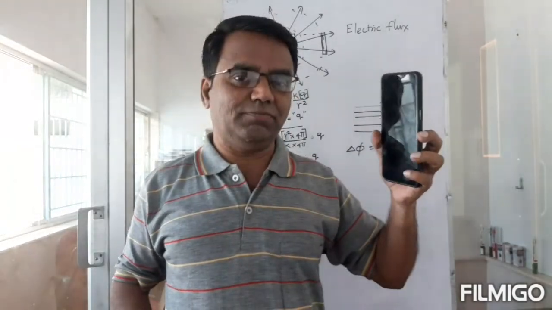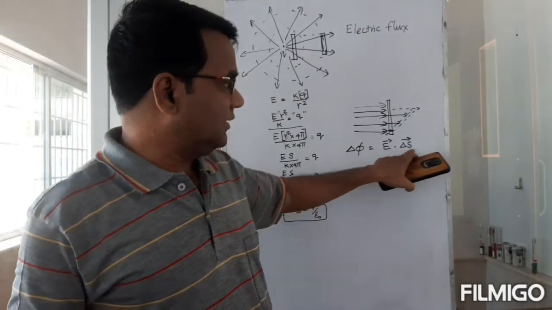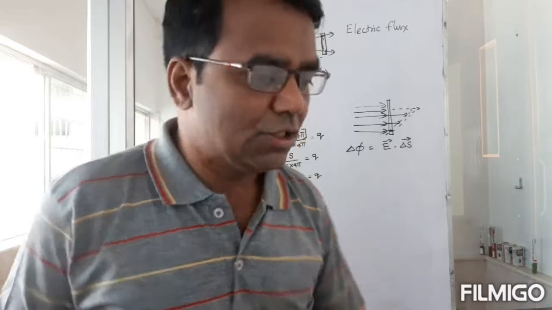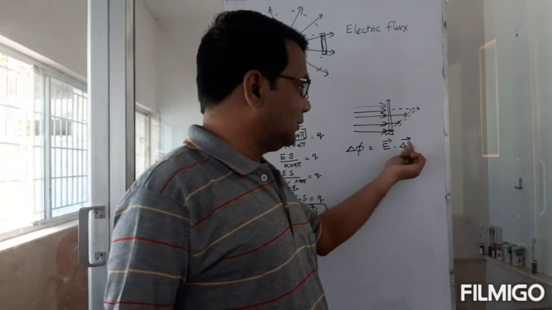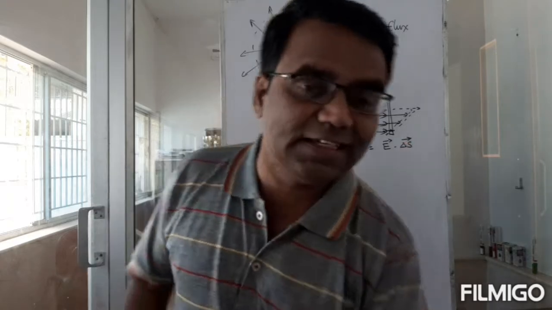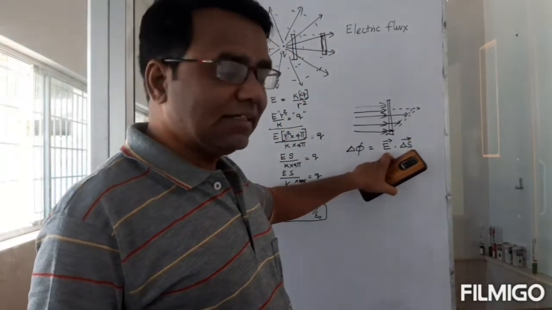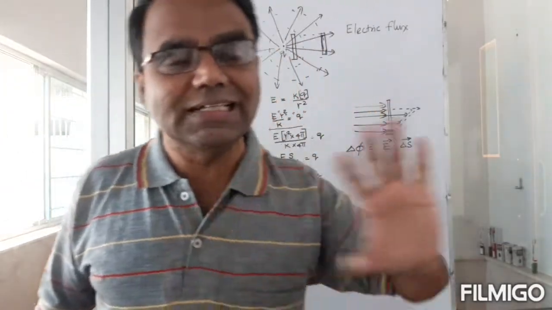And I've also taken care of the orientation here. If you take this area as a vector, then if I do a dot product of that vector with this E, I'm going to get some number delta phi. That is how I define it.